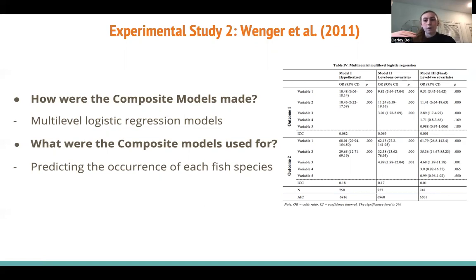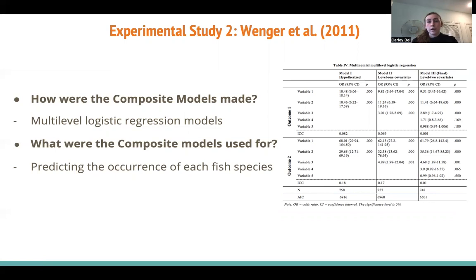But the reason that there were composite models, meaning the reason that the models are slightly different for each fish, is because they tested all these models multiple times to see which would give them the most accurate conditions with the least amount of variables. They put all these variables in, and some of the variables were more accurate for different fish species.